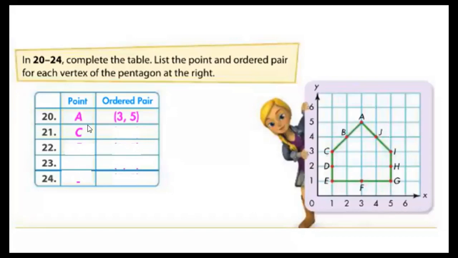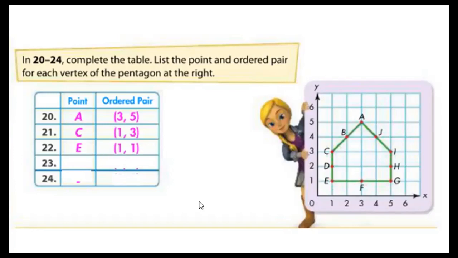Okay, so we started with the first vertex, A equals 3 and 5. The second one, yes, sure, on the left will be C as a vertex, which is represented by ordered pair 1 and 3. The third one will be E, represented by 1 and 1.